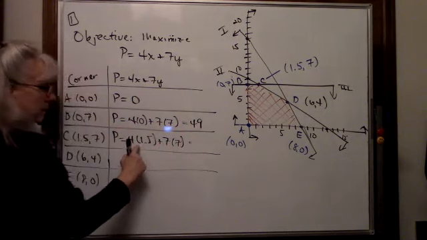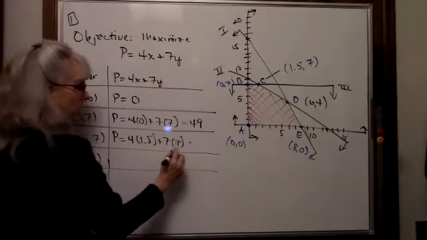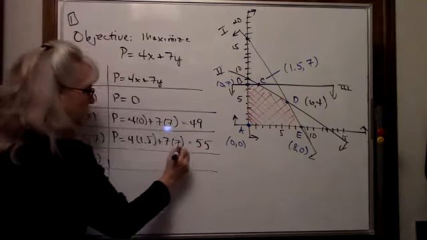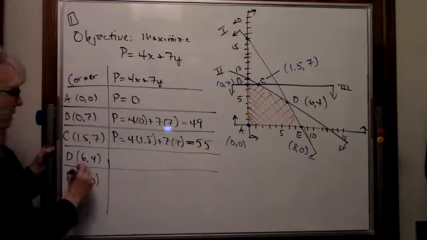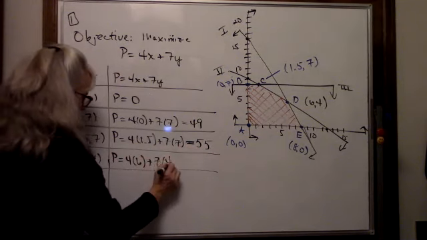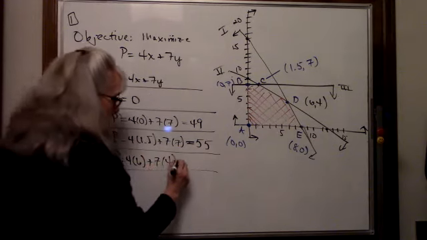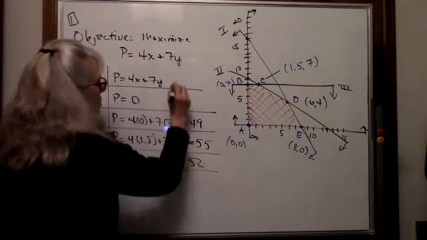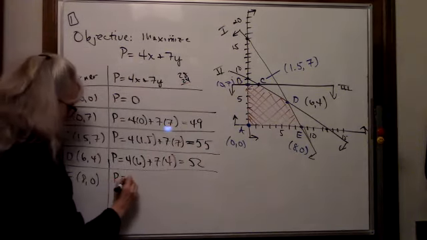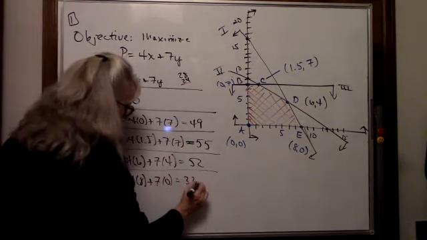So you can automatically see how this one's going to be bigger than this one. 4 times 1.5 would be 6 plus 49, which is 55. Down here for D, we'll have 4 times 6 plus 7 times 4. So that'd be 24 and 28, which is 52. Let's make sure, 24 and 28, 52. And then down here, we're going to have 4 times 8 plus 7 times 0, which is 32.